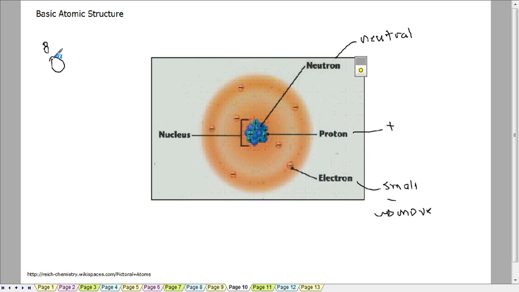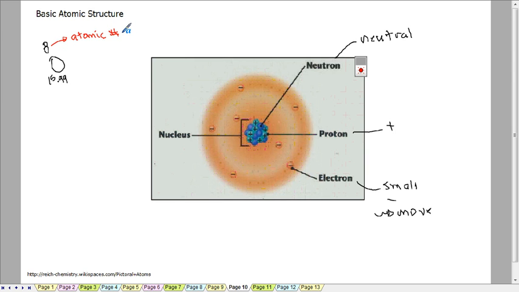We'll see a number 8 typically on the top left-hand side, and a number such as 15.99 typically on the bottom. Now these two numbers represent different components of an oxygen atom. So the number 8 corresponds with the atomic number.